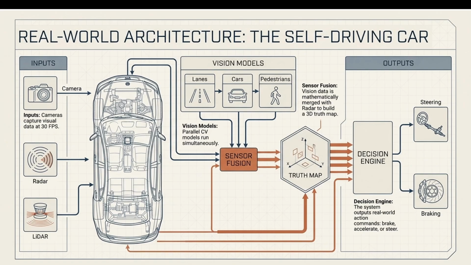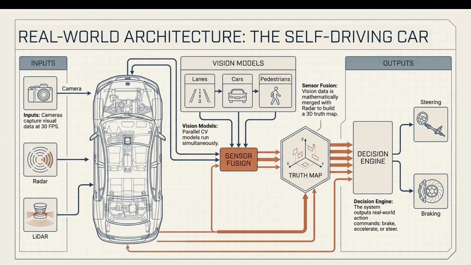And mainly when it comes to self-driving cars, the models are segregated. Like for lanes, for cars in the sense of vehicles, and for pedestrians in the form of living beings, a model will be trained for each and every type, and the outputs of all these vision models will be fused as a sensor fusion.